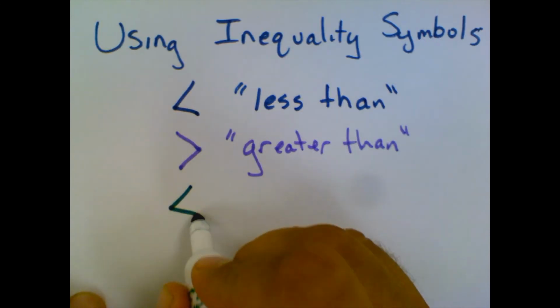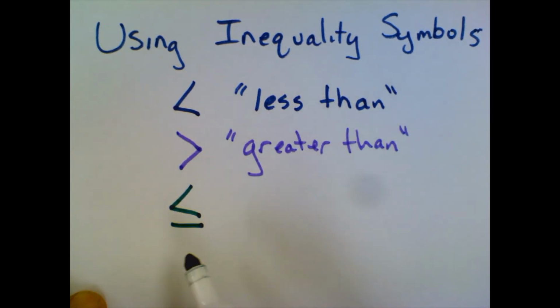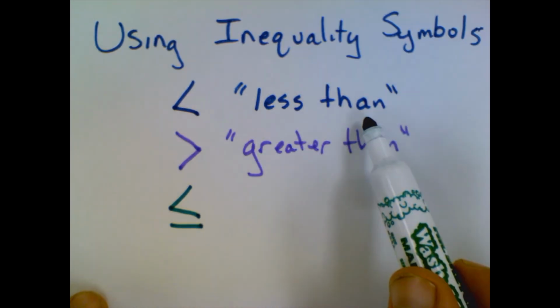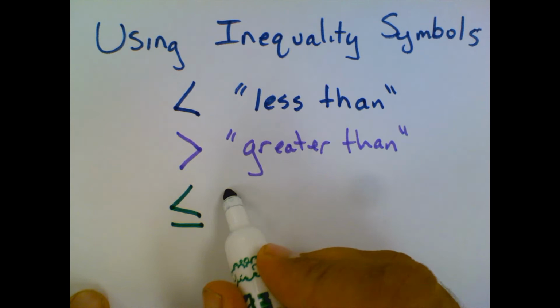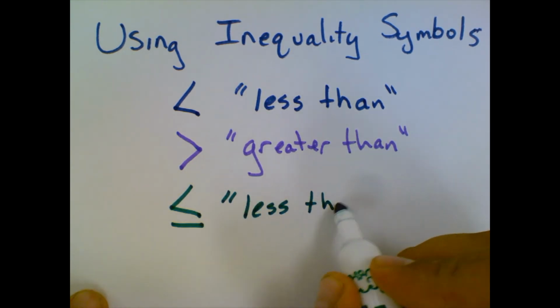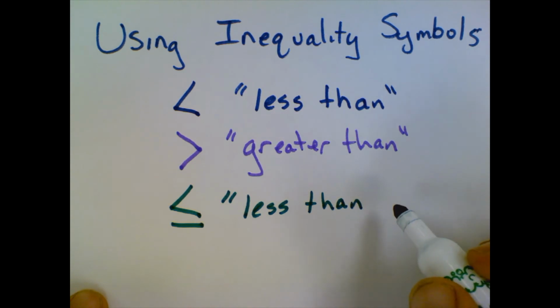This one is less than or equal to. So when we talk about the numbers that will work for problems with this symbol, there's really only one additional number compared to this one, the less than symbol. This green one is less than or equal to. So you have two options for this inequality to work.